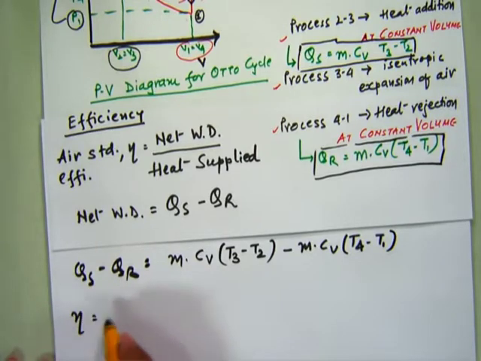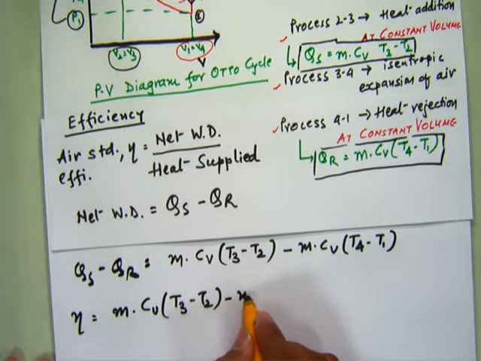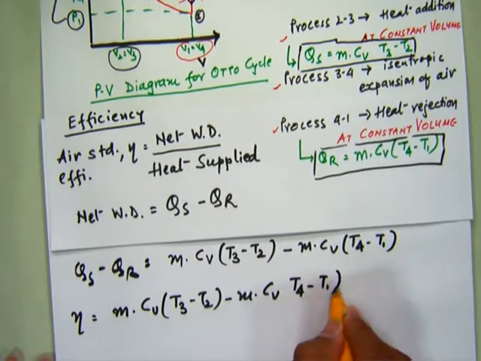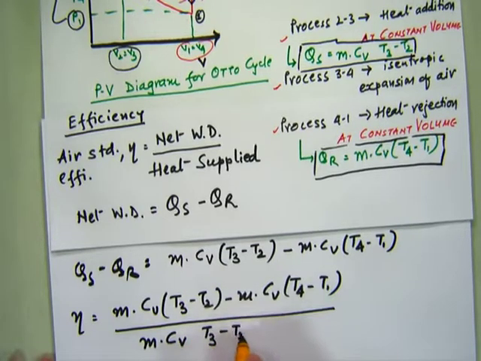Hence, efficiency is equal to M CV T3 minus T2 minus M into CV T4 minus T1 upon heat supplied, that is M CV T3 minus T2.